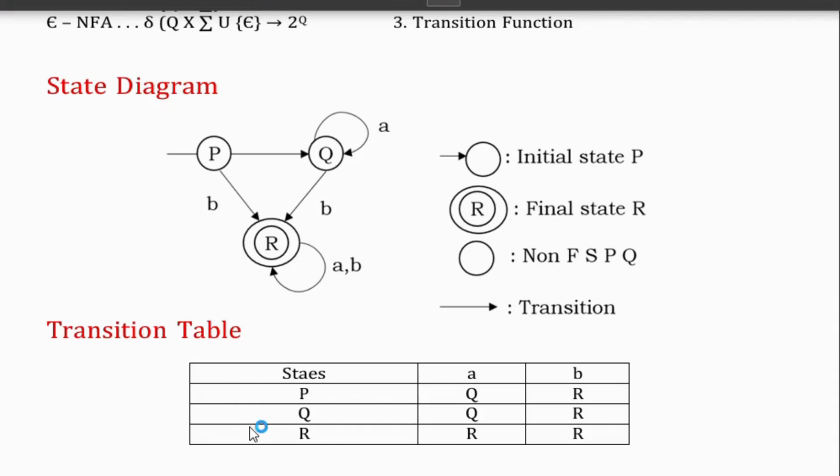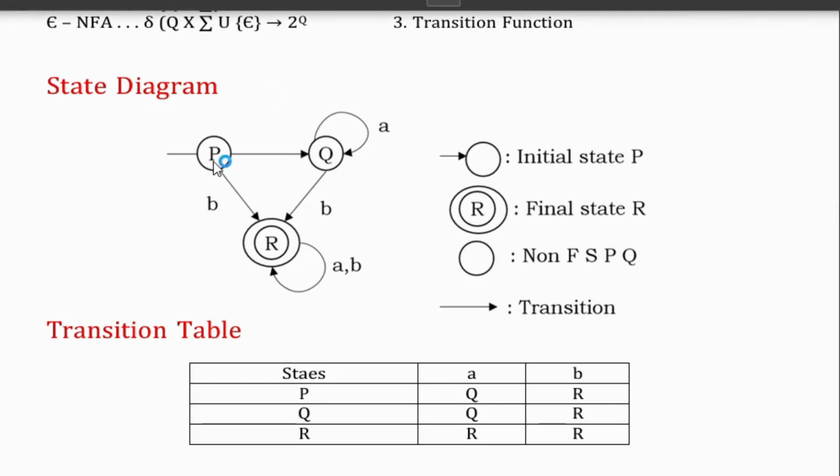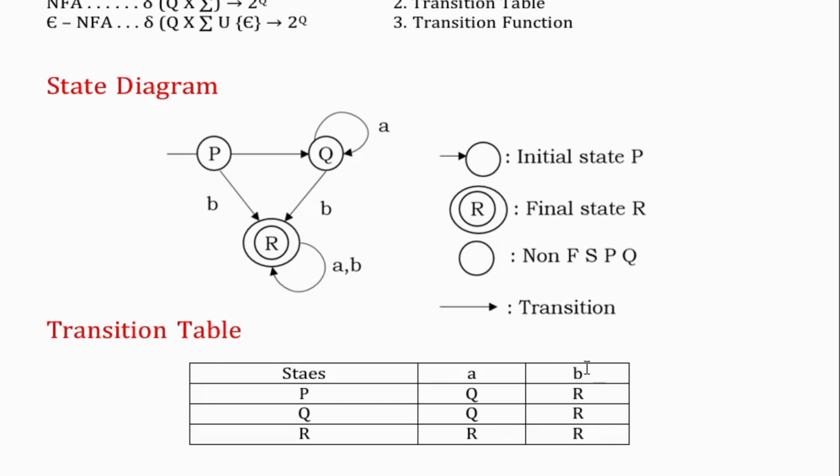In this way, we represent the transition table. If you see this diagram, which I explained before, we have three states: P, Q, R. And we have two transition symbols, A and B. From P to R we have B, so when we go from state P to state R, we get B. Similarly, when we go from P to Q, we get A. From Q to Q, we get A. When we go from Q to R, we get B. Similarly, R to R is A and R to R is B. In this way we represent it in rows and columns.